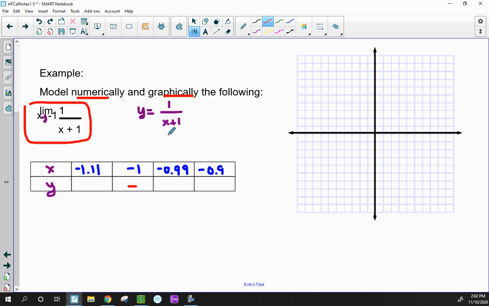So it's going to be 1 divided by the quantity negative 1.11 plus 1. Okay, you're going to record that here. Let me do that one more time.